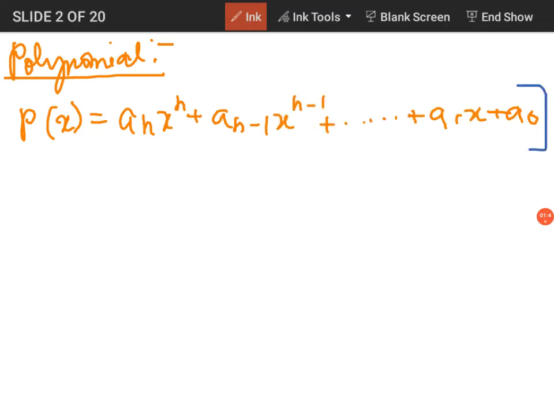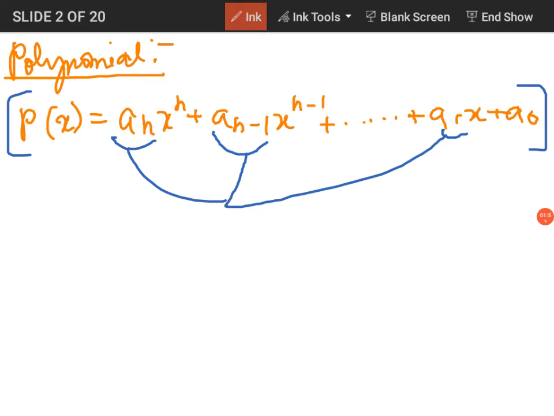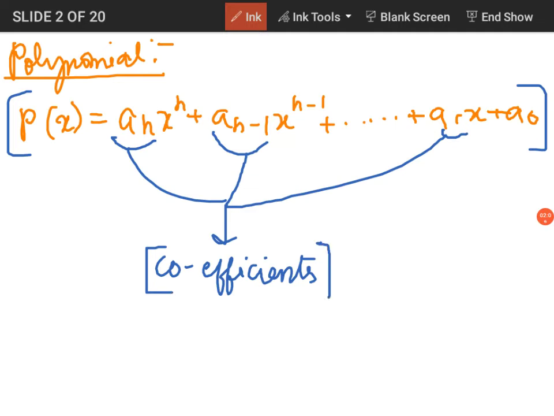So now let me talk about this form. Here you see that a_(n-1), up to a_1, all of these are known as coefficients of x. In the basic maths, we discussed the relation between the roots and the coefficients in the quadratic.